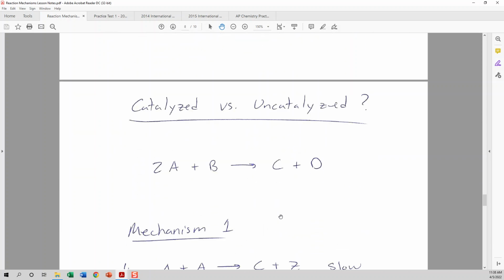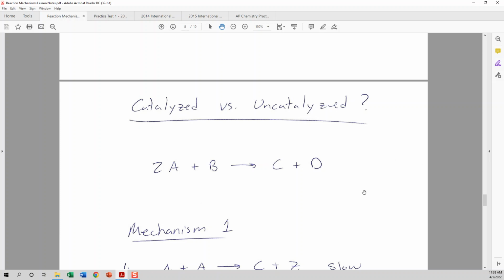All right. Another thing that a reaction mechanism will show us is a catalyst. Or what we should understand is if a reaction has a known catalyst, then there's two reaction mechanisms for the reaction. There's the uncatalyzed reaction mechanism, the normal reaction mechanism, and then there's the catalyzed one.